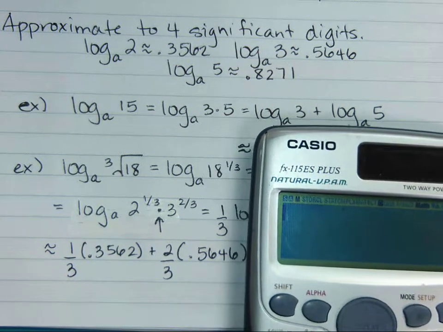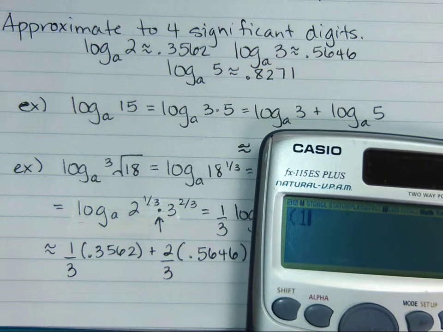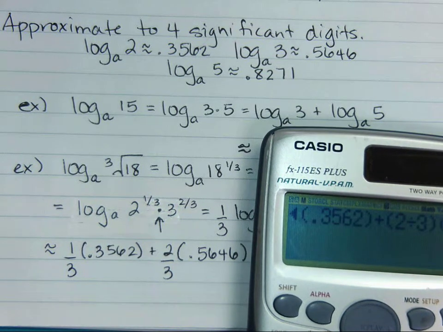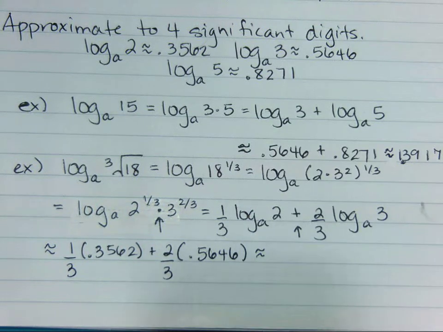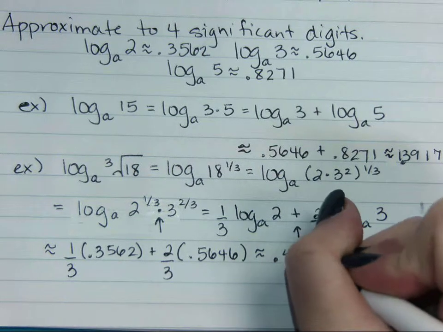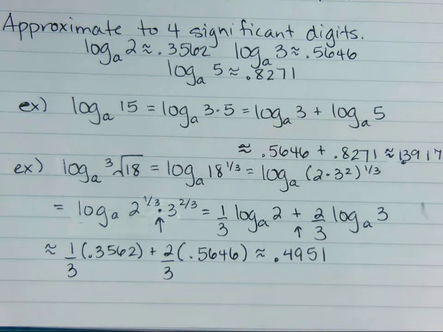All right, so let's try that. I'm going to do 1 divided by 3, times 0.3562. I'm going to add 2 divided by 3 times 0.5646. And I get that this is approximately 0.4951 if I keep this to 4 significant digits.